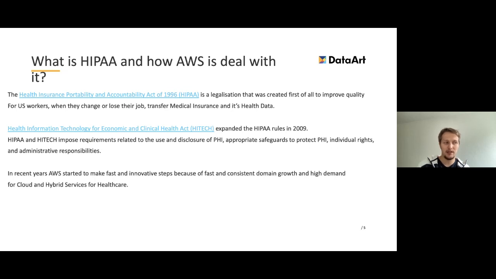So we can see that the amount of data which healthcare services generate every year is growing significantly more than other domains. That's why it's crucial for software companies and technical companies to be on the edge of transformation and provide good services to our clients.